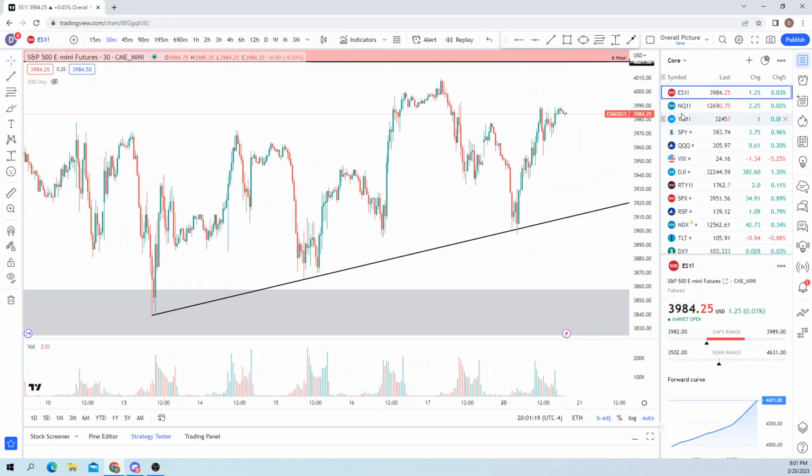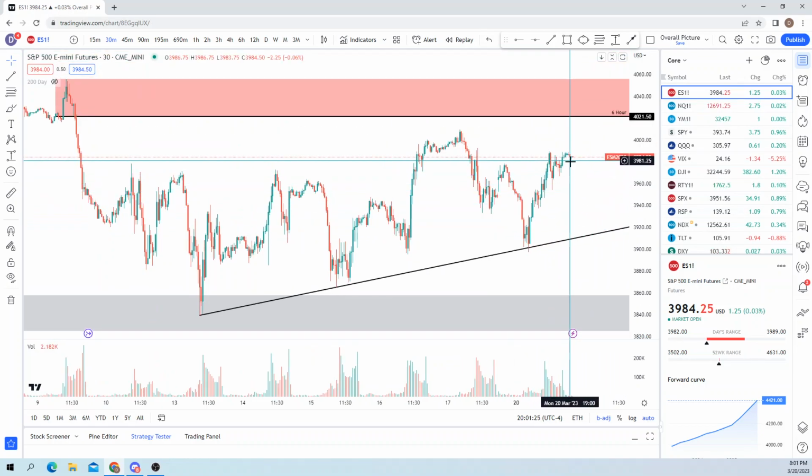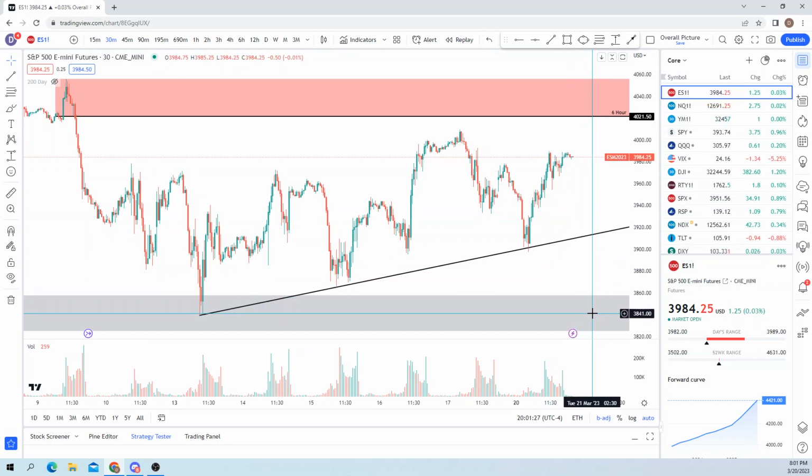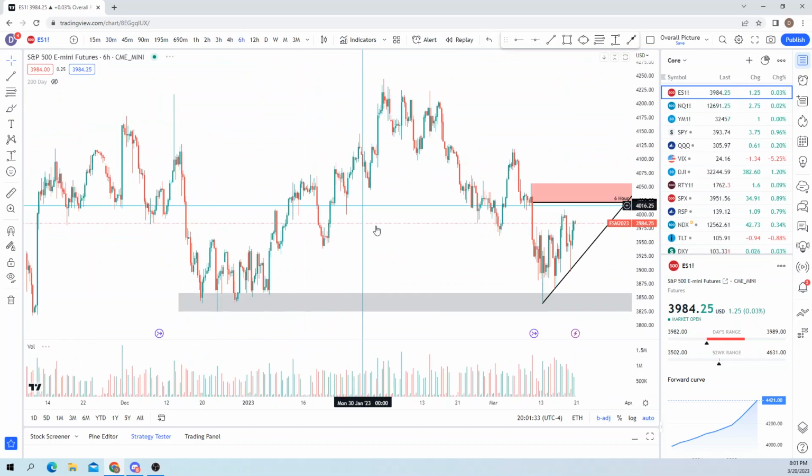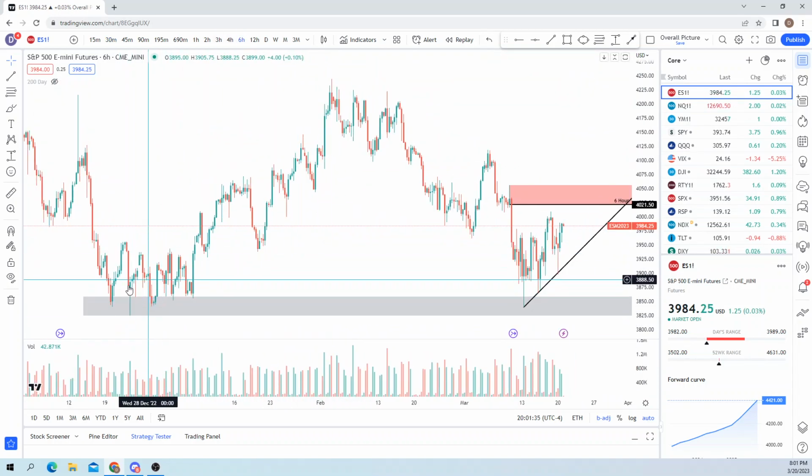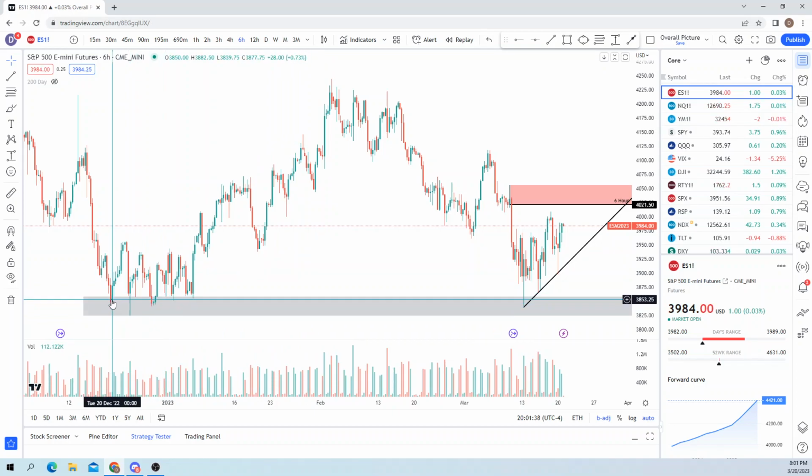Okay, so if both indices break below that higher low pattern, I would expect the S&P 500 to get down to the 3840 to 3815 area. That area is this key support from mid-December to early January, right?